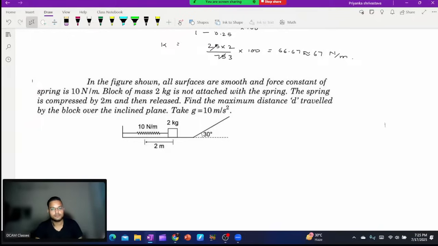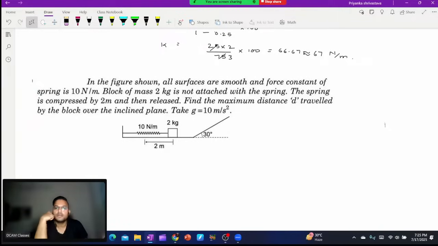So root 3 meters. Root 3 meters. Wait. No, they are getting, no, answer is 2 meters. So we must use range formula, no?